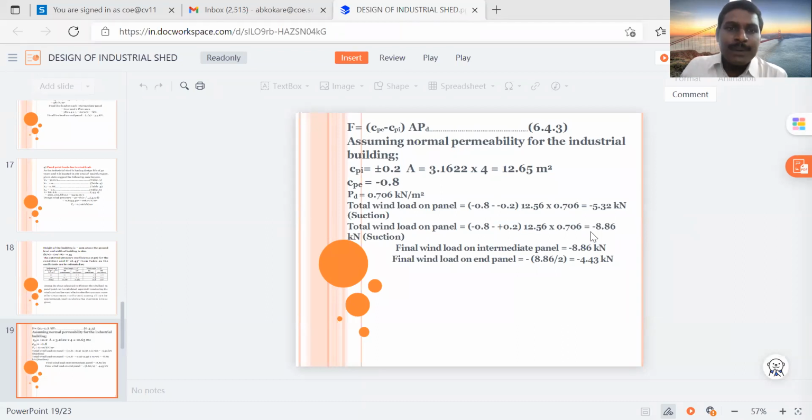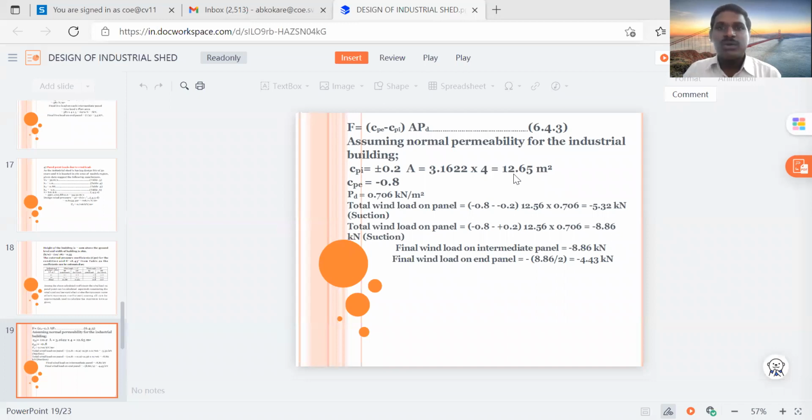Now CPE, the external wind coefficient, we got. Now for the internal wind coefficient CPI, I is nothing but internal, E is nothing but external, and CP is the wind pressure coefficient. So now we have to take the internal coefficient.